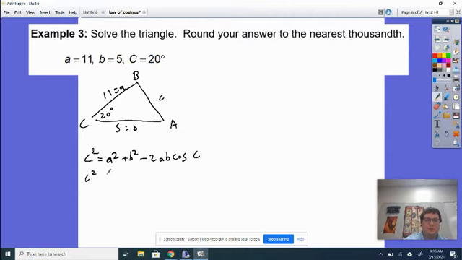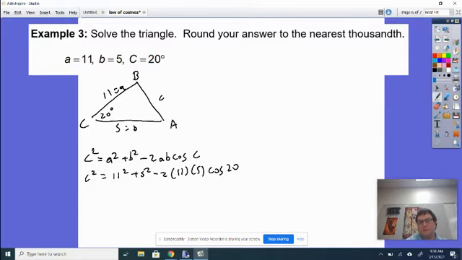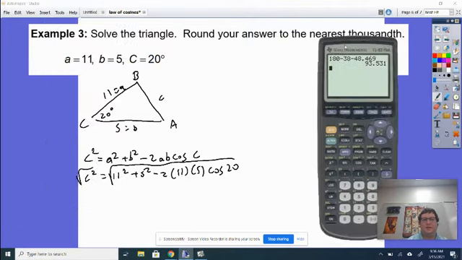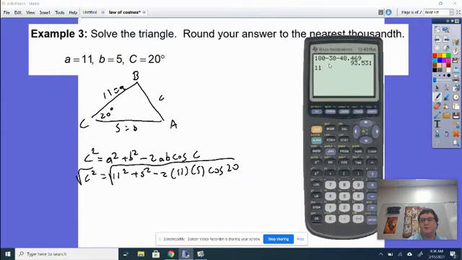We don't know C, we're looking for that. 11 squared plus 5 squared minus 2 times 11 times 5 cosine of 20, square root both sides. Head over to the calculator.